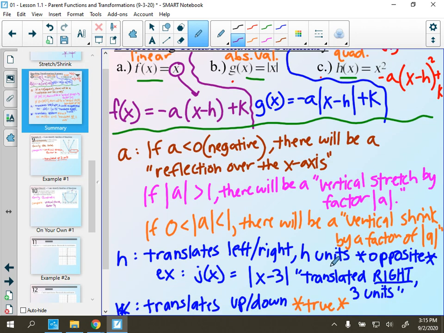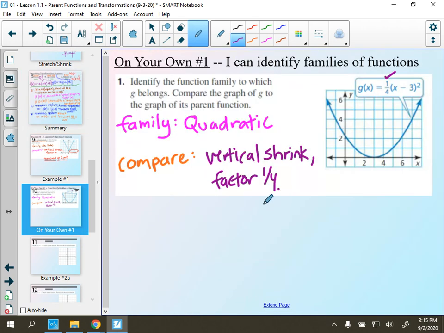We did one very similar to this with absolute value, but h is going to take us left and right, h units. This is the one that's tricky. It's the opposite one, and it's actually the same number as we saw before. It looks like -3. That actually took us to the right 3 units. So nothing changes here for us.